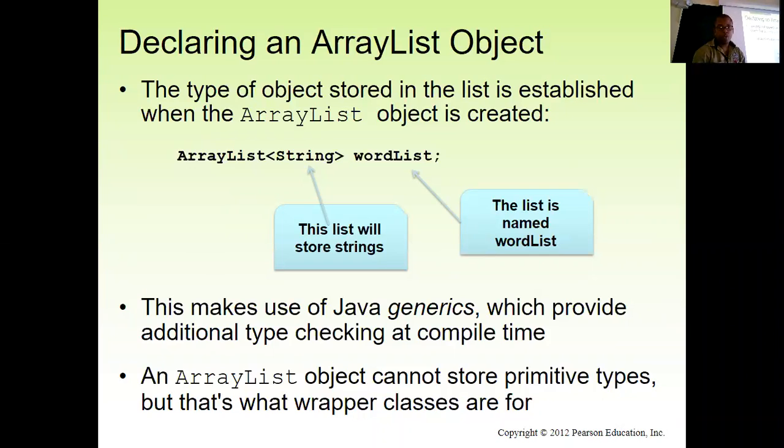And so we indicate to Java, as we have done here in these angle brackets, the object type that we want to store. And this, of course, is the name of the list.